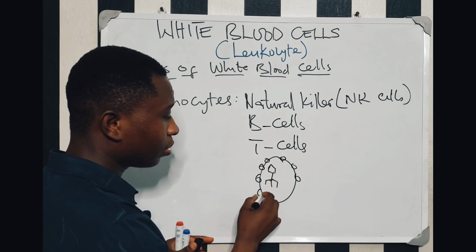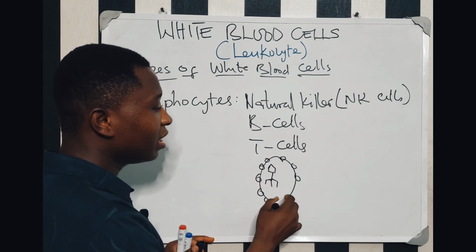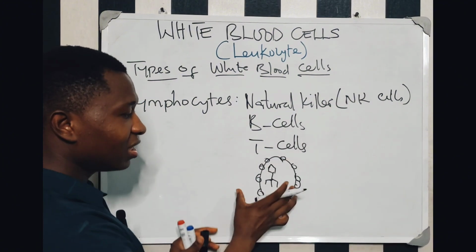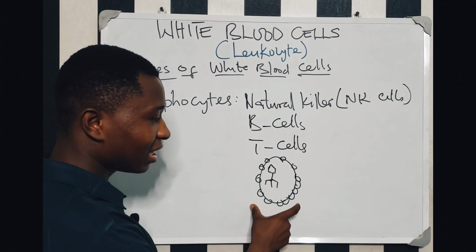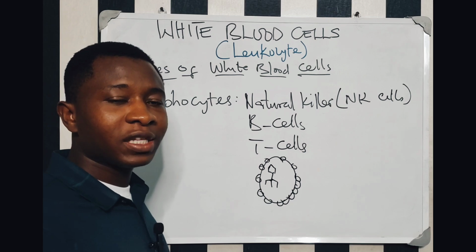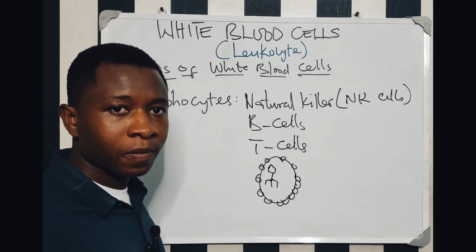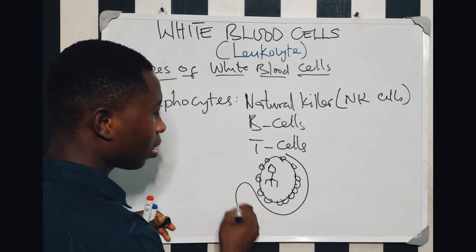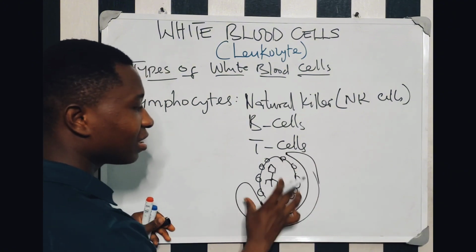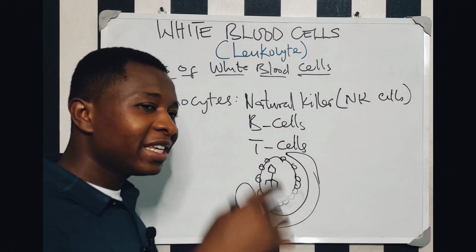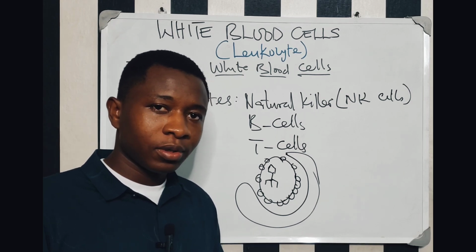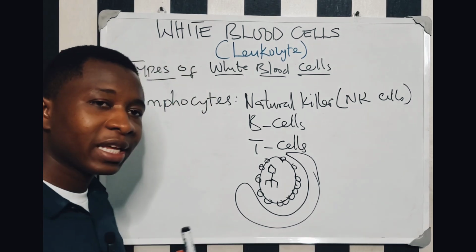So when the NK cell notices that this particular cell is infected with a virus, it comes and attacks the whole cell. It kills the cell and the virus inside the cell. So it is a natural killer.